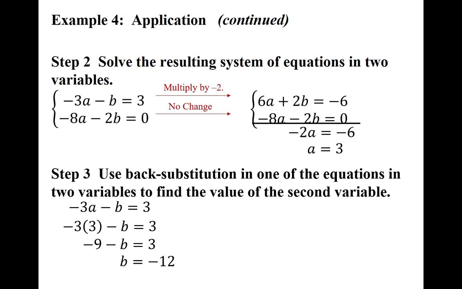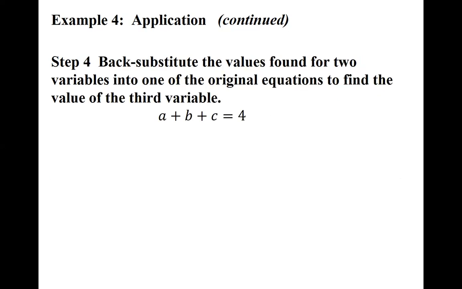We'll get negative b equals 12, which means b equals the opposite of that, negative 12. So from negative b equals positive 12 to b equals negative 12. Now we have a equals 3, b equals negative 12.